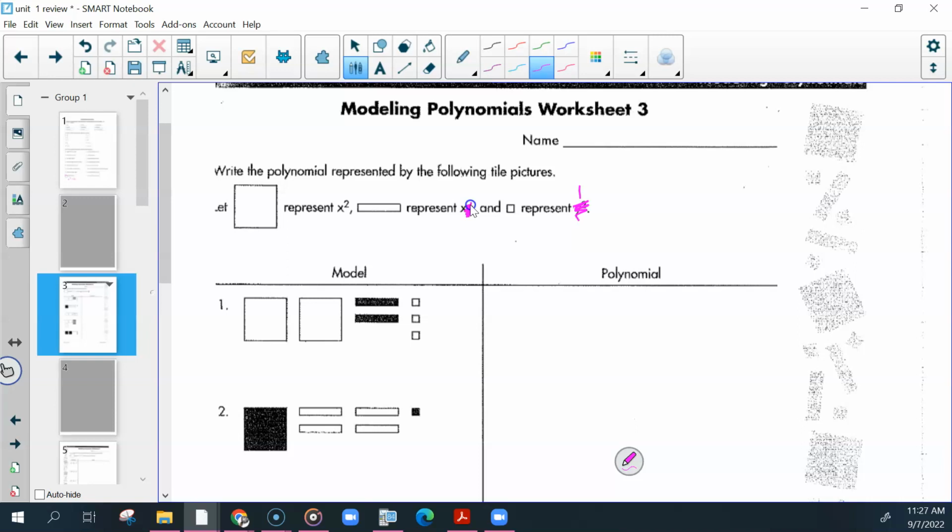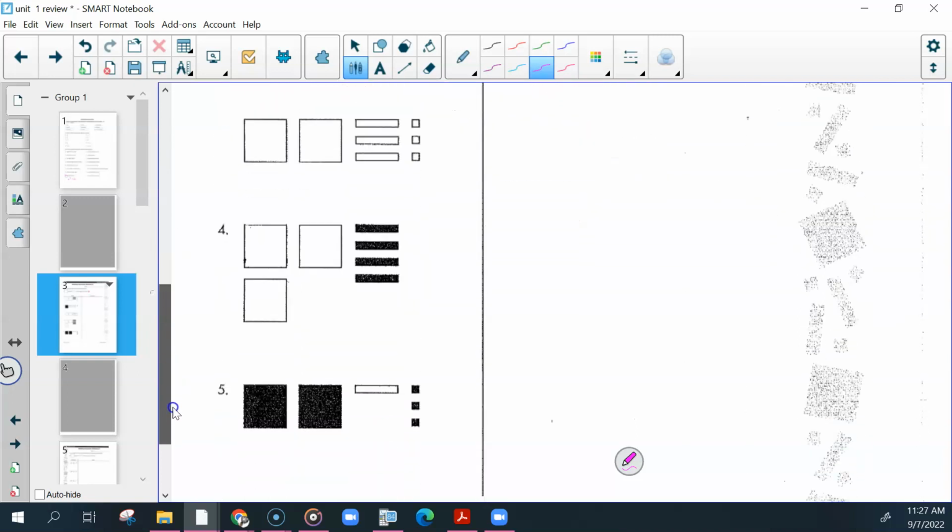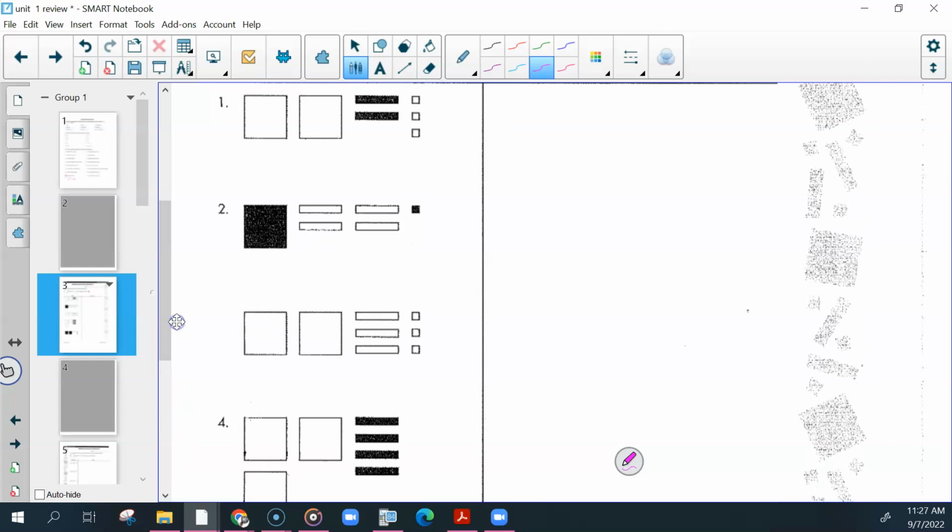If you wanted to leave them as is, you could also do that. Remember that anything that is shaded is a negative. Are there any problems on this page we want to see or go through together?